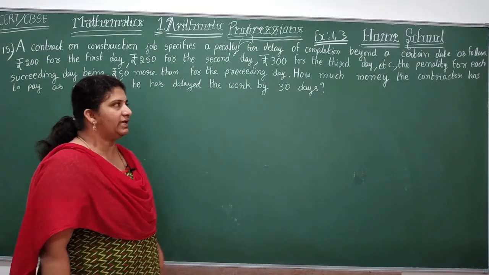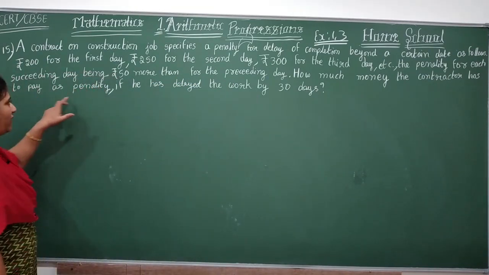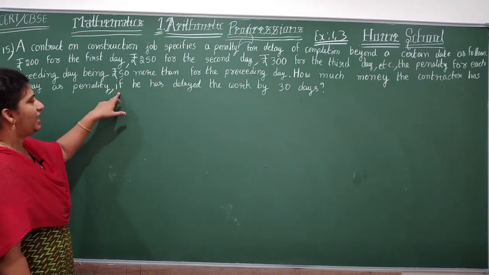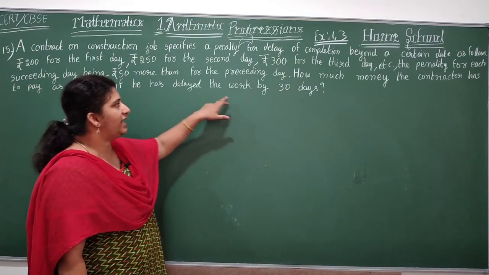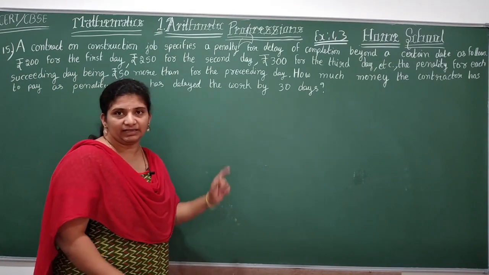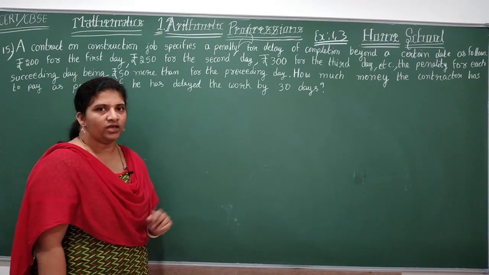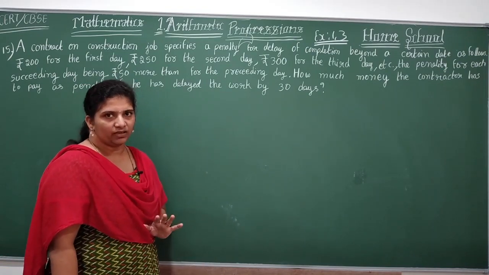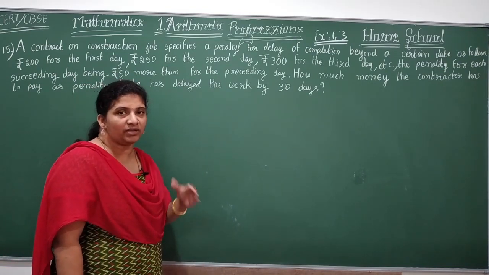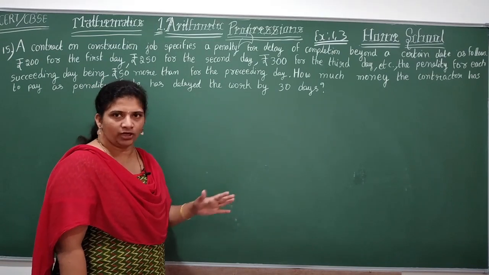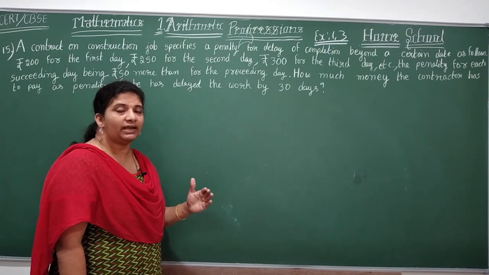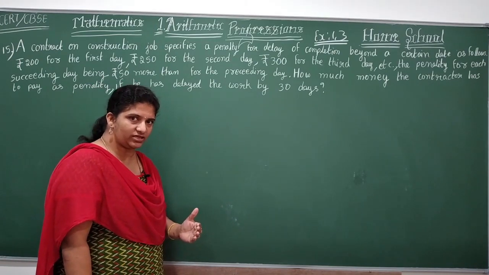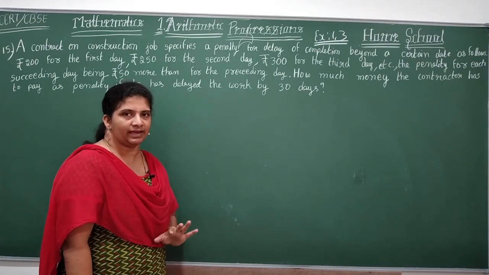How much money the contractor has to pay as penalty if he has delayed the work by 30 days? The total number of days he has to complete is not needed for us. But penalty, how many days he has to pay, children? 30 days penalty he has to pay.